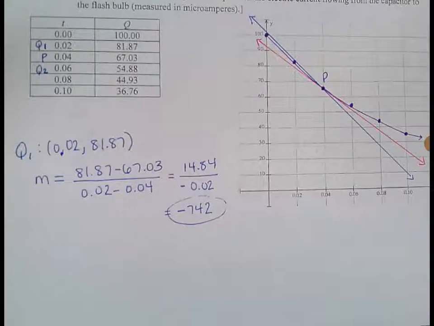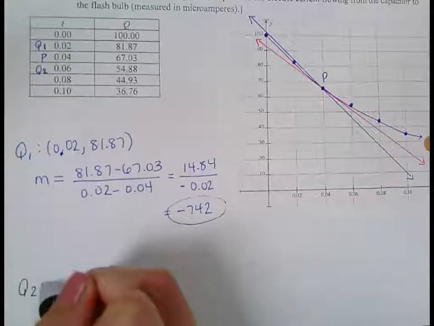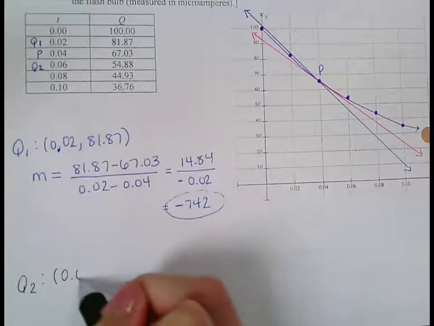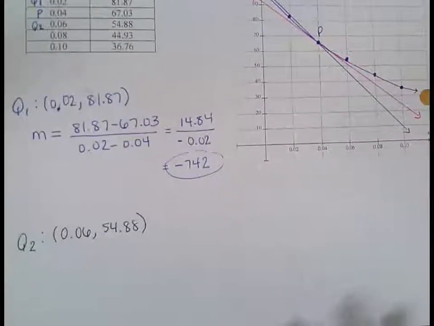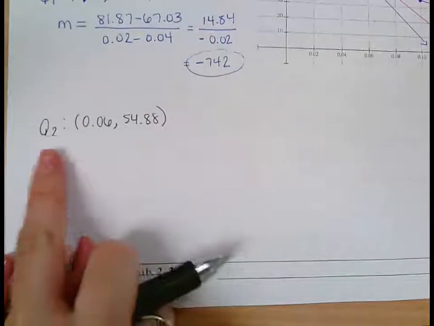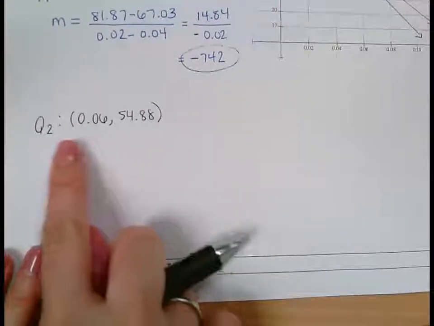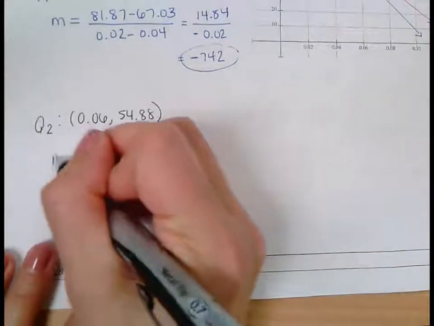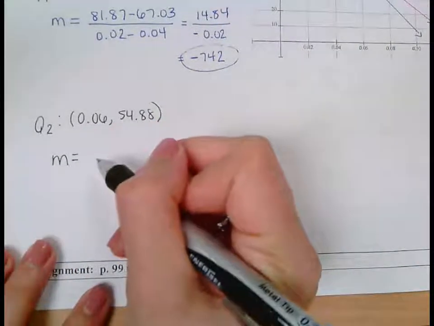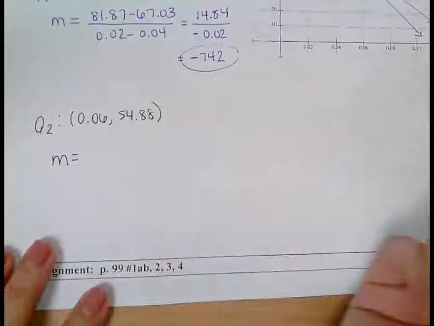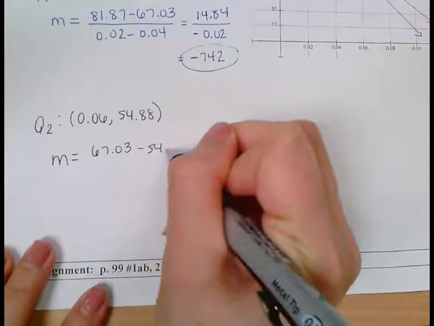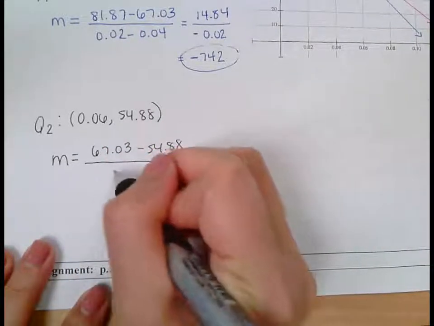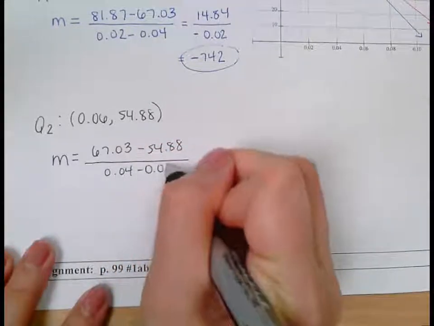And then for the second choice of Q, now this is the point 0.06 and then 54.88. Sorry, I'm kind of writing sideways here. So the slope between this point and P, the change in the Q values or the y values would be 67.03 minus 54.88 all over 0.04 minus 0.06.